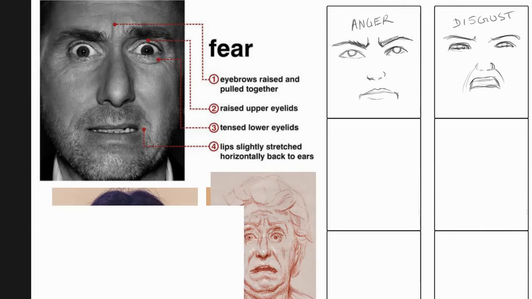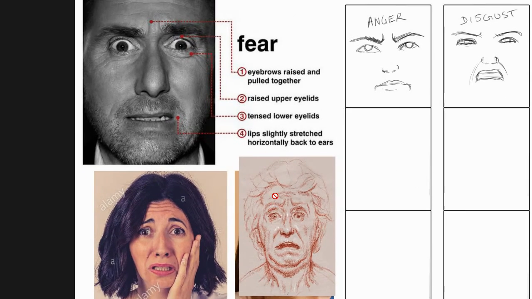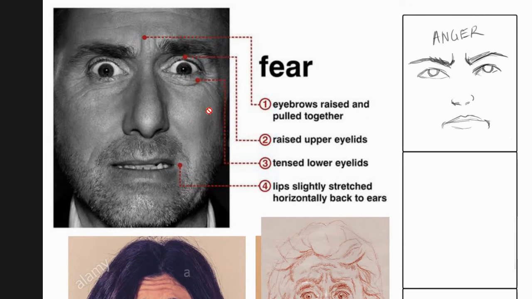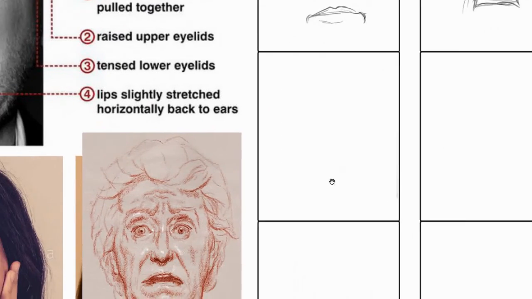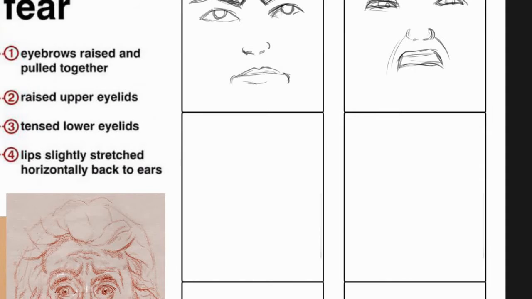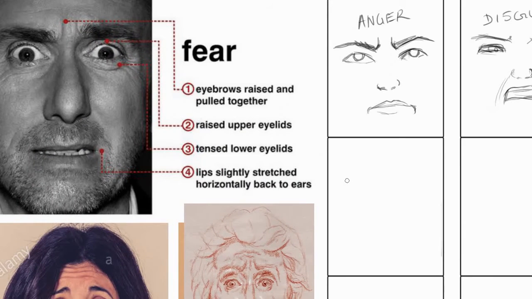So let's move on. The next one is fear. Fear, of course, means that you are threatened, so your senses want to absorb all the information around. That's what results in the eyes open, right? We will also see that in surprise.